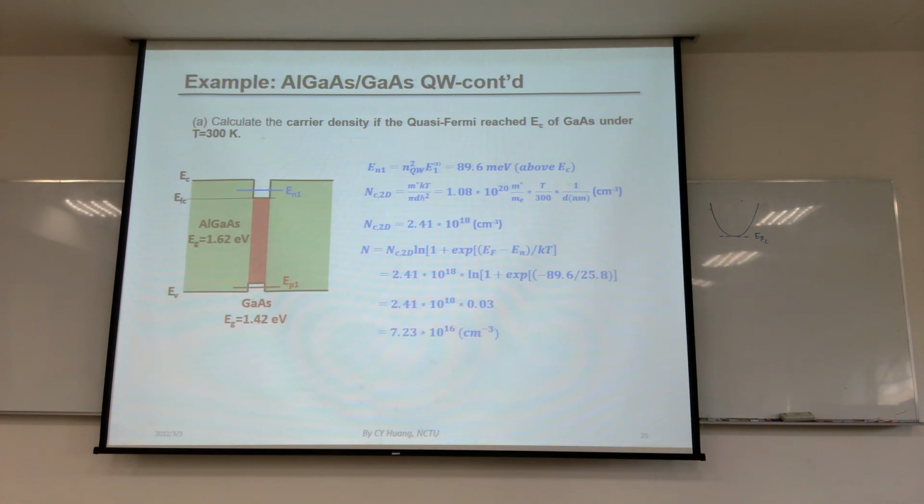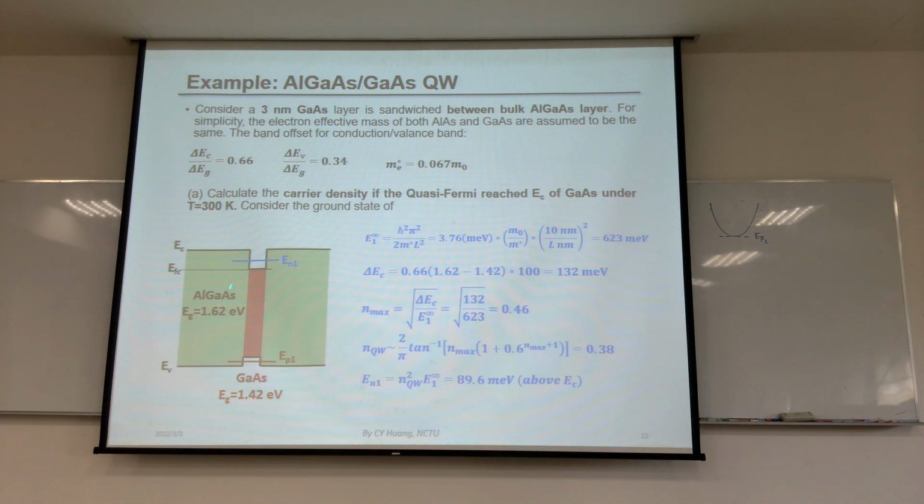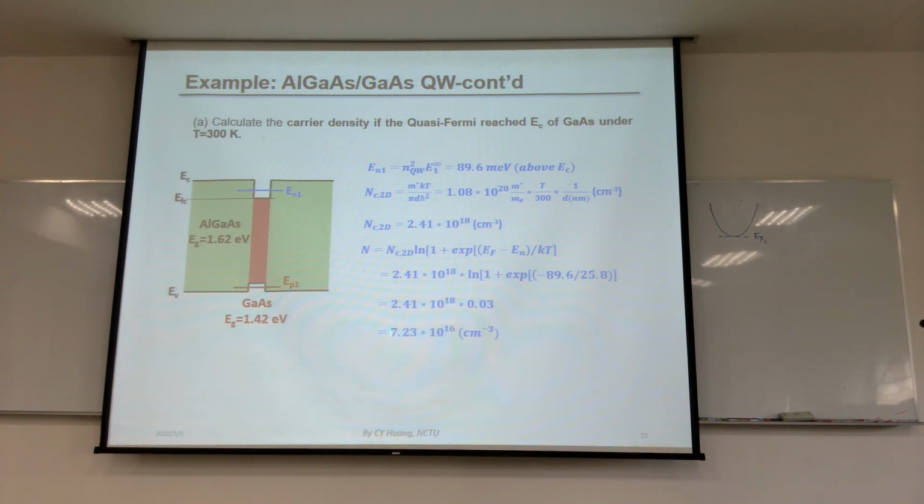And in the previous case, where we did the quantum well case, we also assumed the EFC matches the edge of EC. Then our answer is 7.23 times 10^16 per square centimeter, which is lower than that.